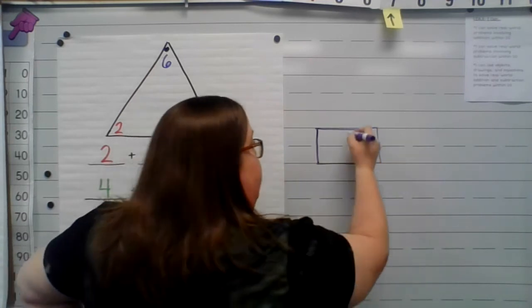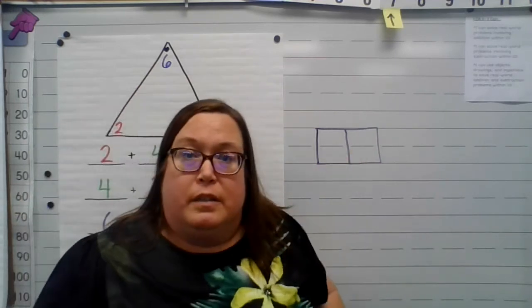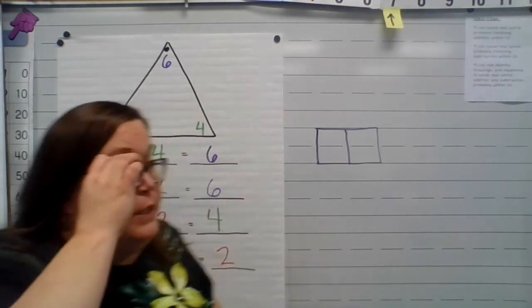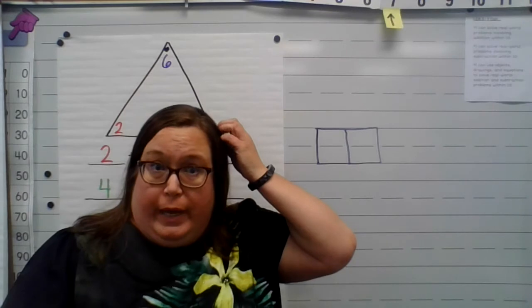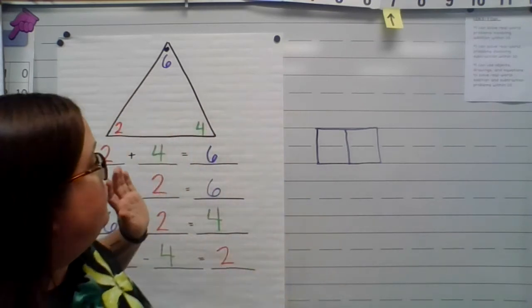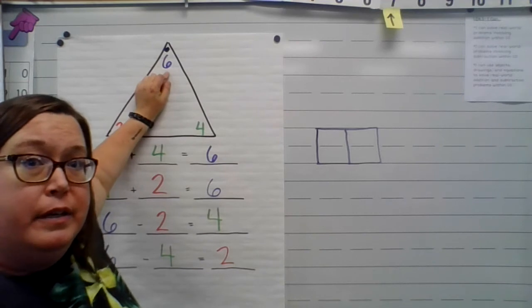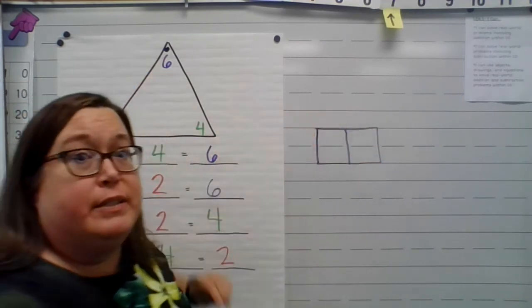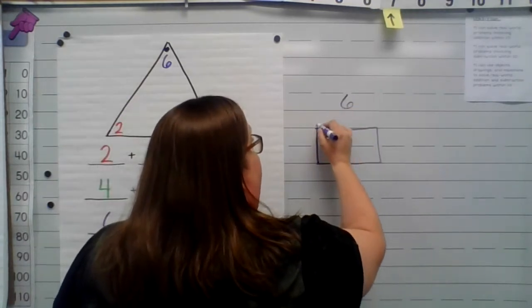Dominoes look like a rectangle that is split into two. Like two squares next to each other. Okay. What I'm going to do now is draw the dots of the domino. Keep in mind, 6 is the biggest number. So the number of dots on the whole domino is going to be 6.